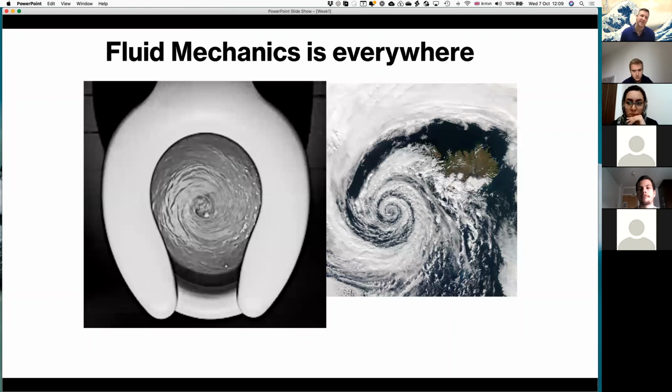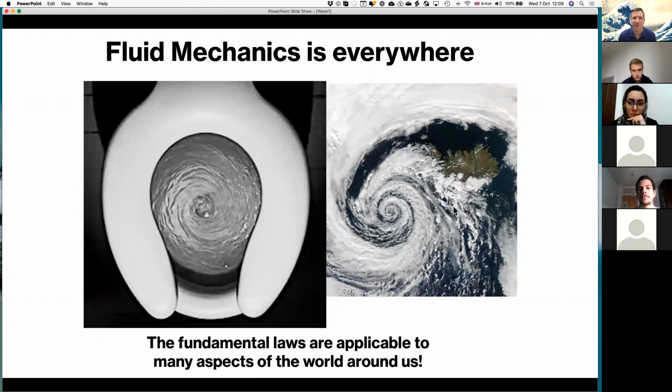And we're going to start to introduce some of the concepts behind the fundamental laws, which allow you to non-dimensionalize the observations and the understandings, so that you can study the flow in a toilet and in a weather system, and understand them directly using the same concepts.